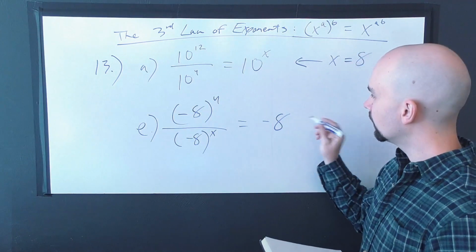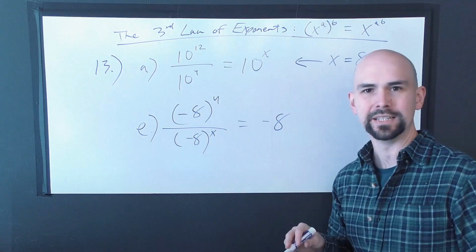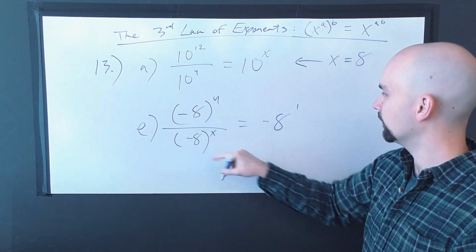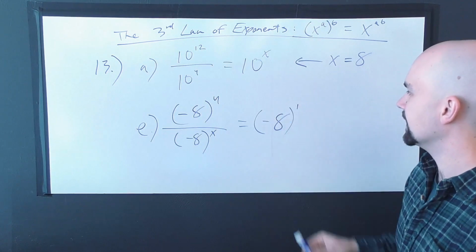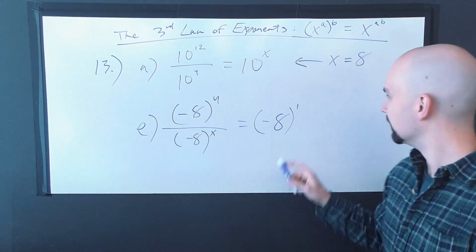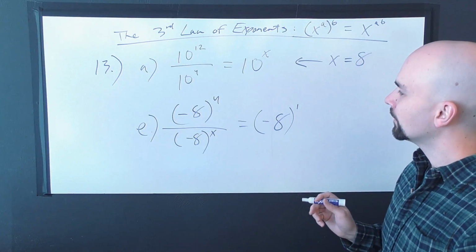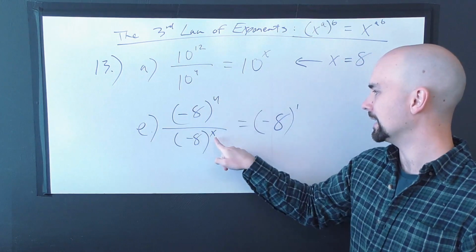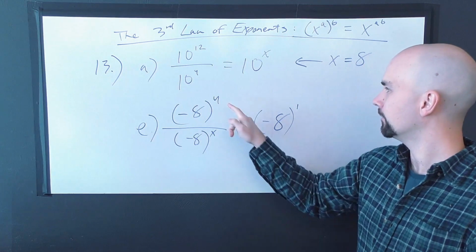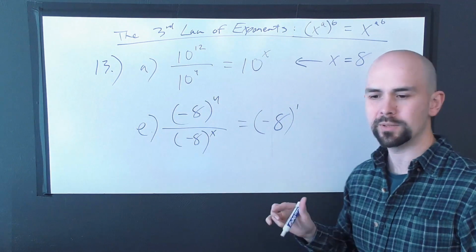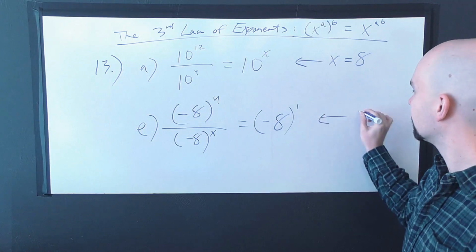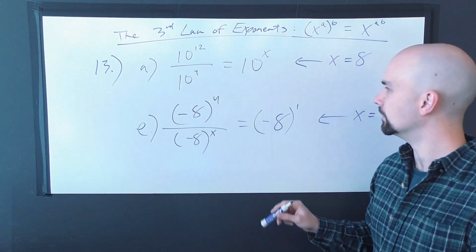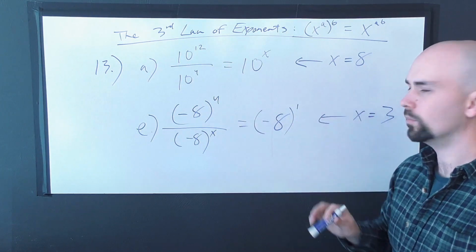Well, what is the power of negative 8 in terms of negative 8? Well, that would be to the power of 1. And this looks a little different from this only because it's not got parentheses. If I wanted to, I could stick parentheses on and then add that 1 right there. So if you're dividing exponents and thus subtracting this power from this one, then 4 minus what is going to equal 1? That would be 3. So then x equals 3 because 4 minus 3 equals 1.